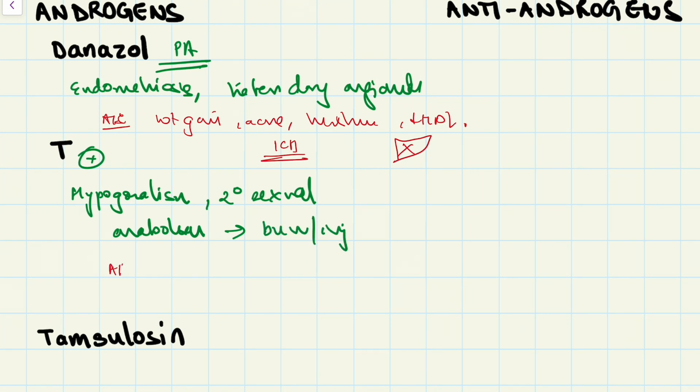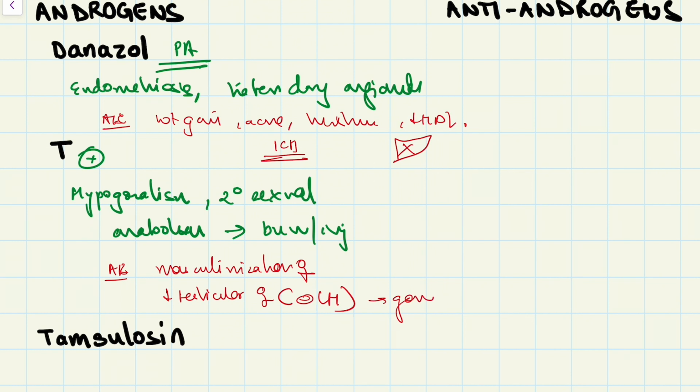The adverse effects associated with testosterone are it causes masculinization in females, it causes decrease in the testicular testosterone in males by inhibiting the release of LH, right? That is by negative feedback, hence it may lead to gonadal atrophy. Also, it leads to premature closure of epiphysis. Then it increases the LDL and it decreases the HDL.